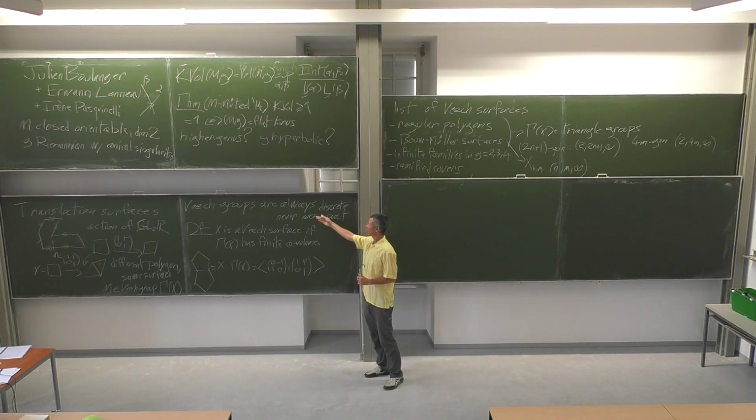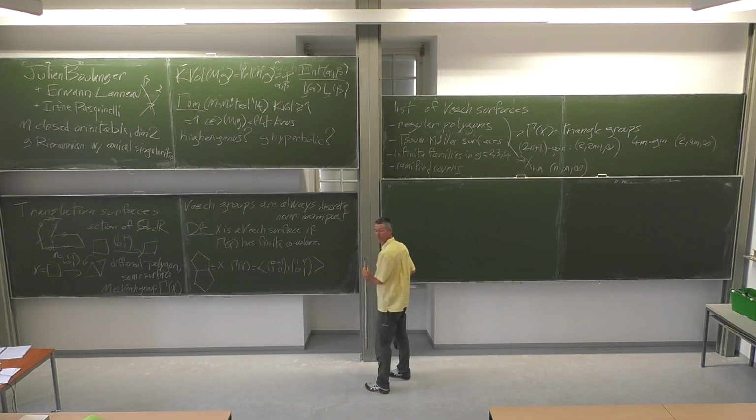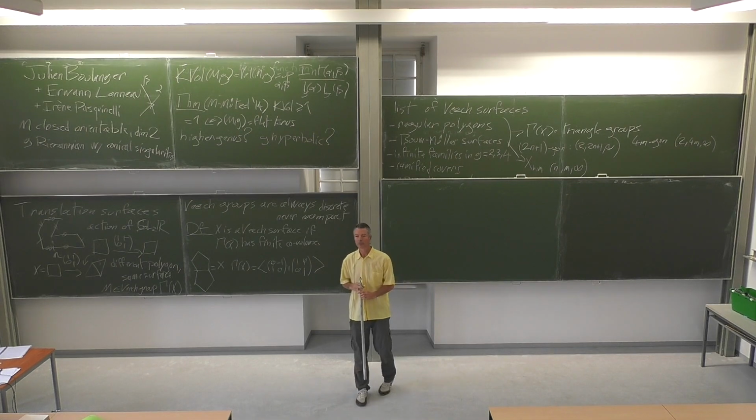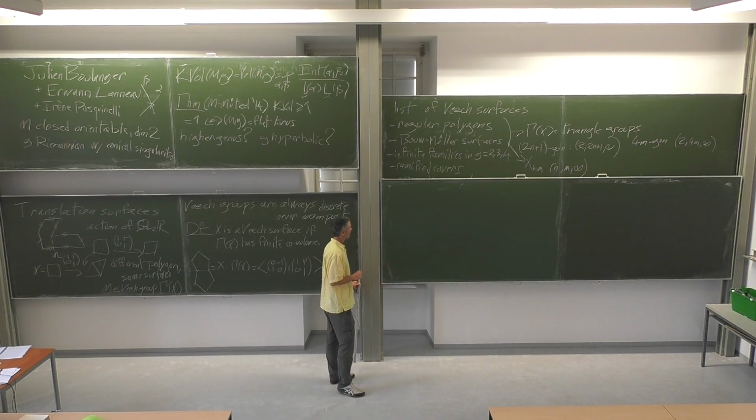They are discrete as Fuchsian groups, and they have finite covolume as Fuchsian groups. Which surfaces do you mean? Only countably, which surfaces do you mean? Yeah, no, it's definitely not easy. At least not right now.